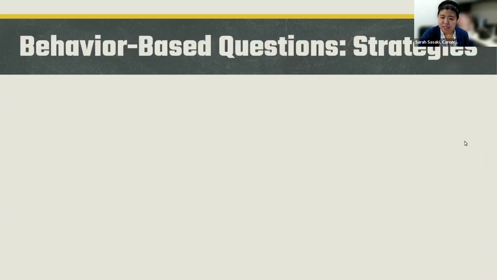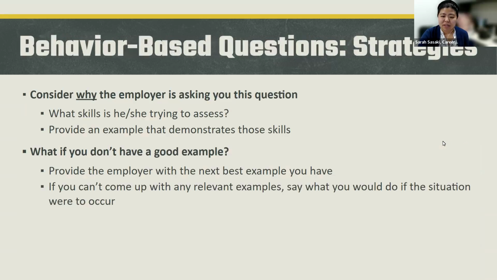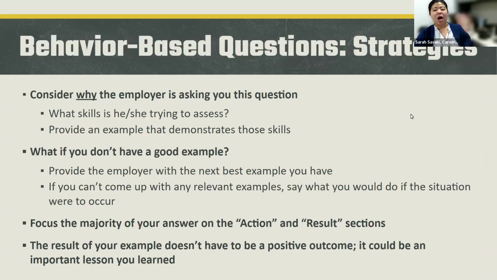And so when we're looking at these kinds of questions, think about why the employer is asking you the question. Are they trying to see what kind of skills you have, whether it's conflict resolution or teamwork? And then show an example to show those skills.